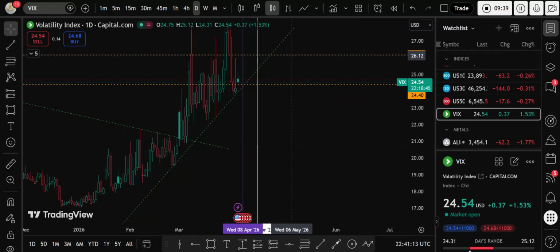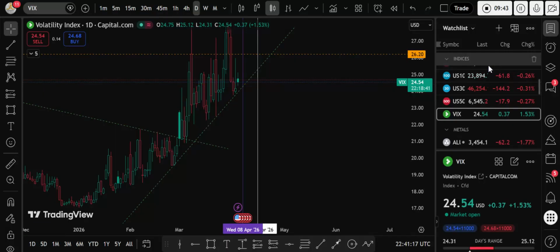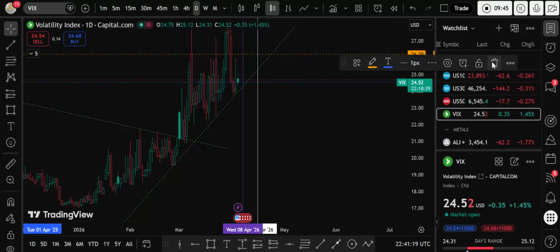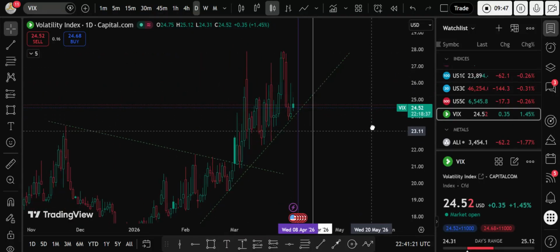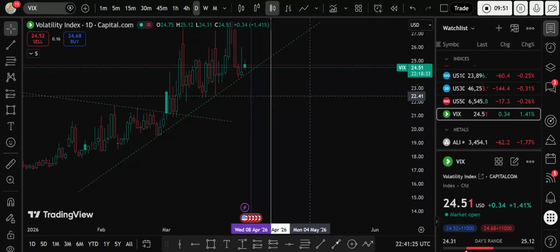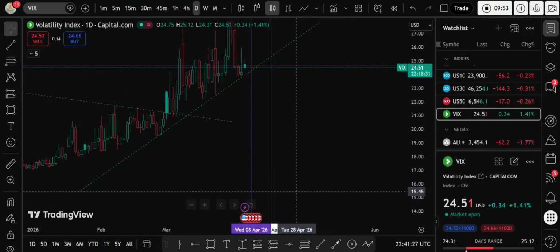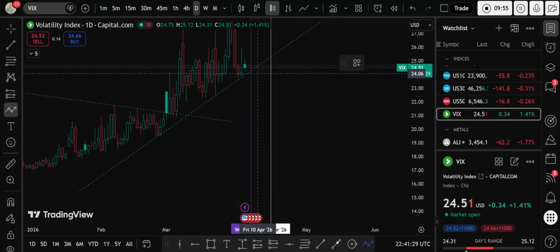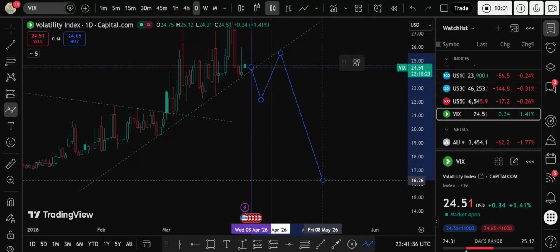Let me just remove that. As you can see, it means all our analysis is top notch. We just have to wait for the market to move in our direction. So right now, what I'm waiting for is a breakout, retest, then we go down.